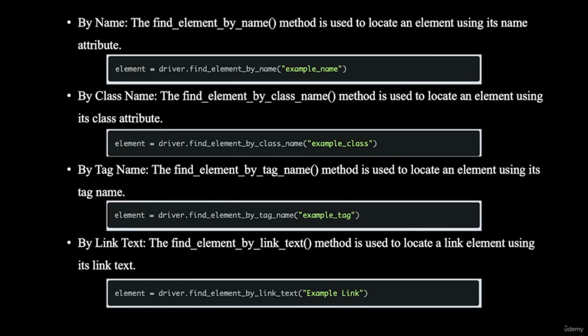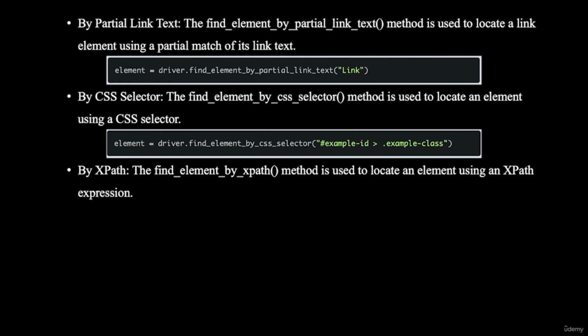So I think we covered that. By class name is pretty self-explanatory and clear. By partial link text, so find element by partial link text, this method is used to locate a link element using a partial match of its link text.